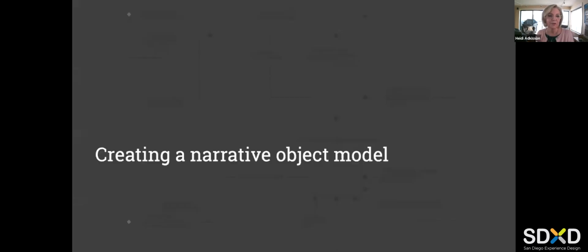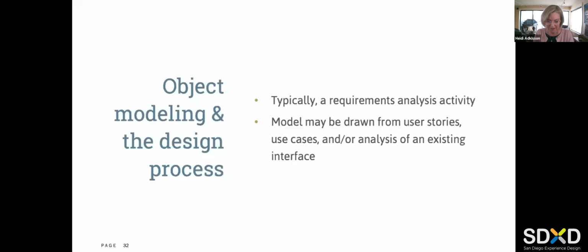All right, so next I want to go through how you create an object model. A question I always get is, where does object modeling fit into the design process? Certainly in the consulting work that I do, it's an activity that happens in our discovery phase. So this is an upfront activity before design really begins in earnest. Typically I am drawing sources for the model from user stories, use cases, sometimes an existing interface.